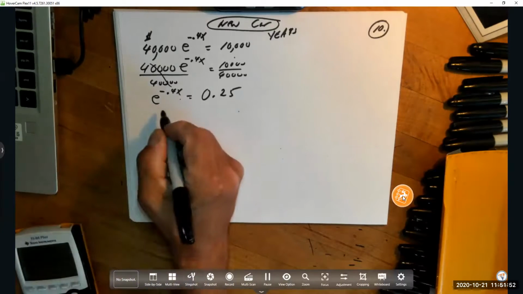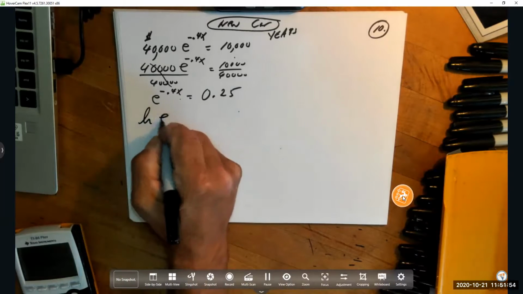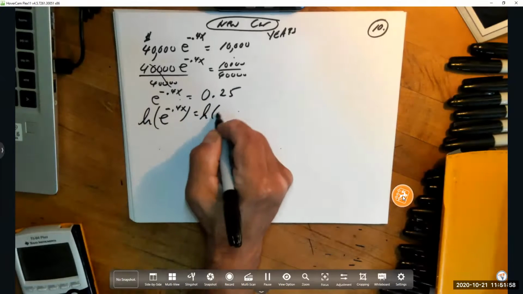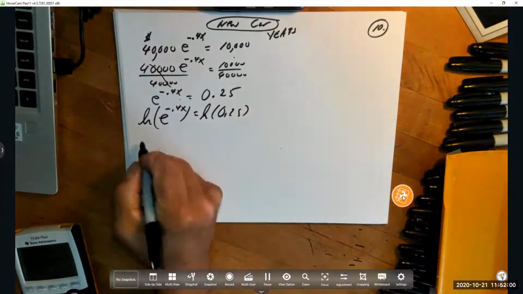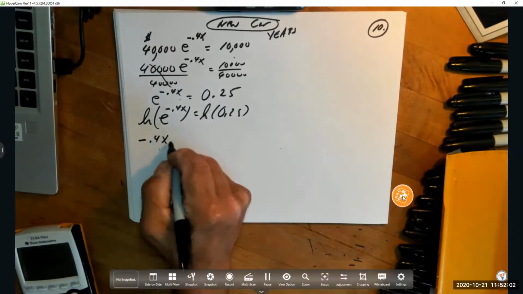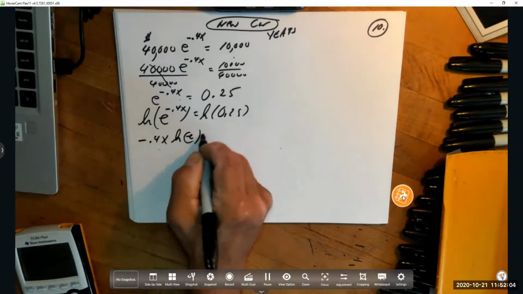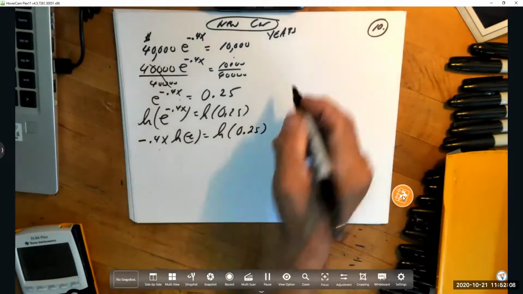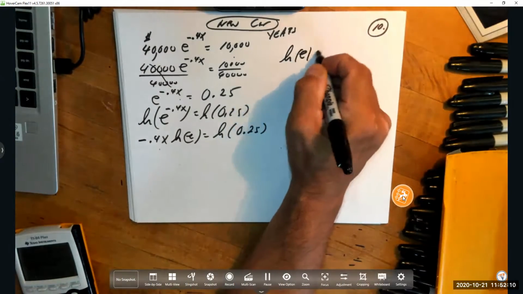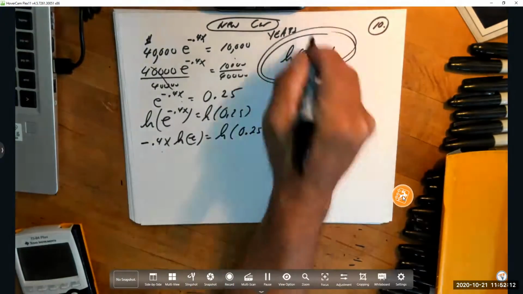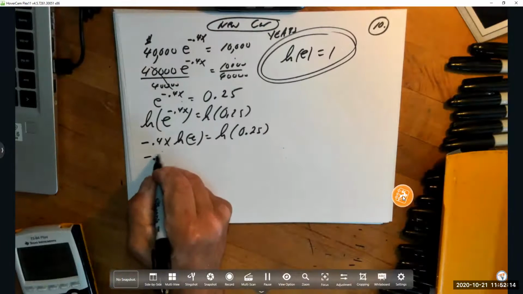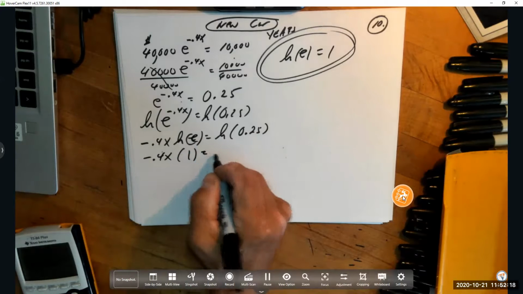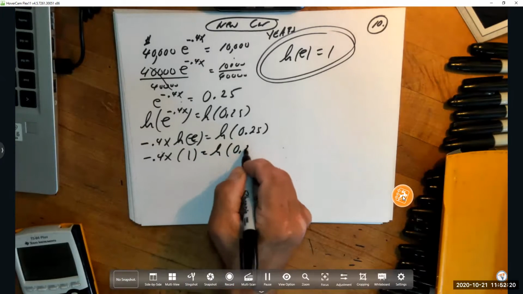All right, so now ln of this side and ln of this side, so negative 0.4x times ln of e equals ln of 0.25, and then ln of e equals 1, the formula. So negative 0.4x times 1, because there's an e right here, equals ln of 0.25.